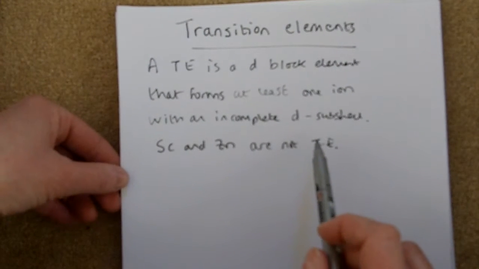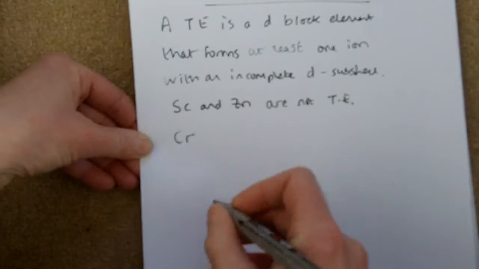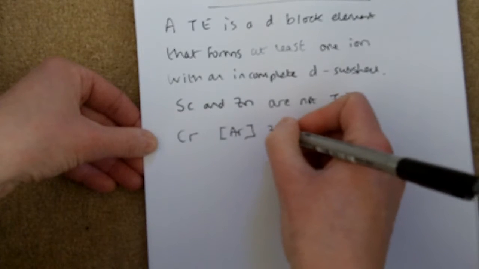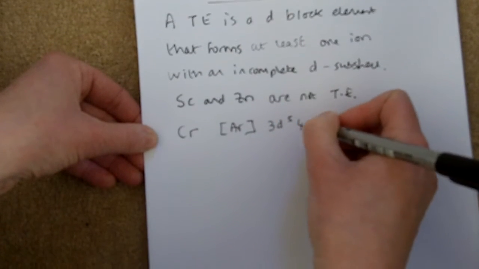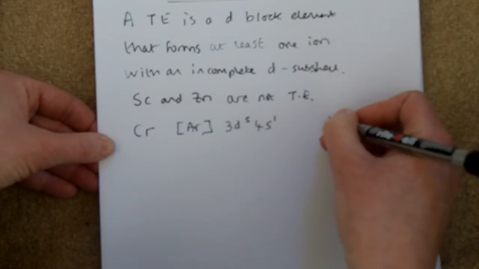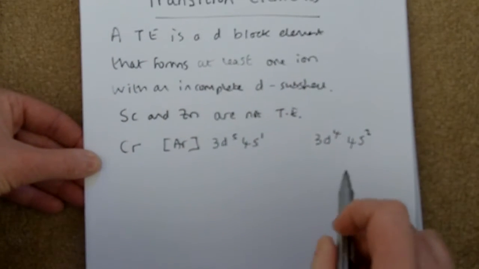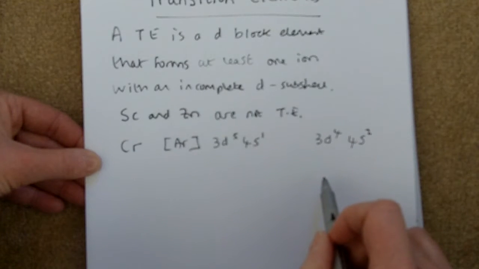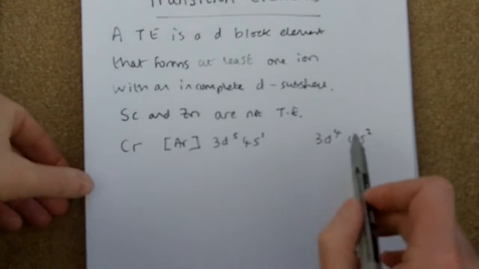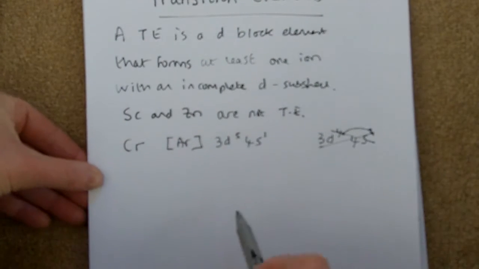Okay, so remember with the electron structure, the ones you've got to be careful of are chromium and copper. Chromium is argon 3d5 4s1, which is an exception. It should really be 3d4 4s2, but because it's more stable to have a half-filled subshell, one electron in each orbital, an electron comes back, so it is actually 3d5 4s1.